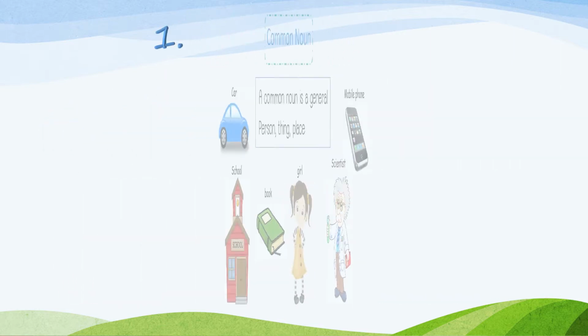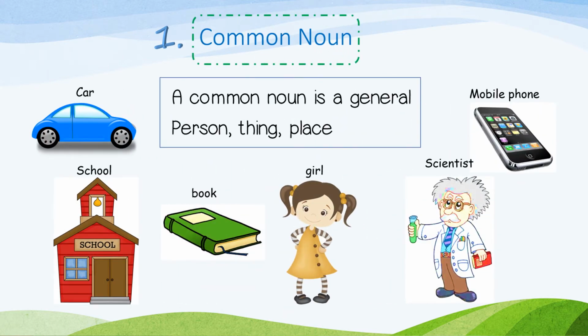Okay, now let's have a look at the first type of nouns. Number one is, yes, common noun. And as you can see, a common noun is a general person, general thing, general place. Okay, let's have some examples. Here we have a car.